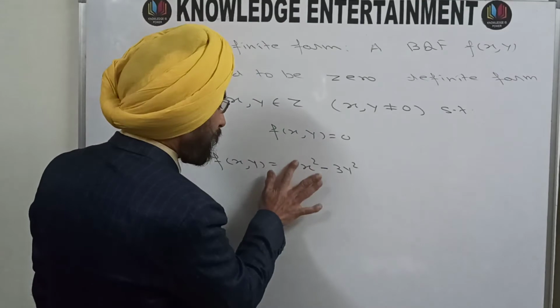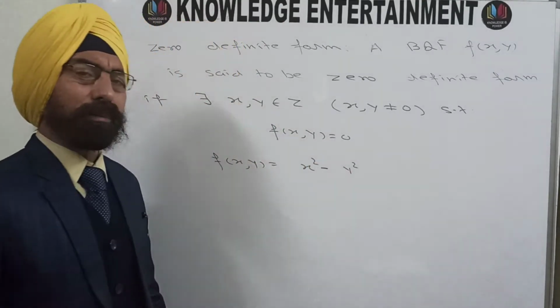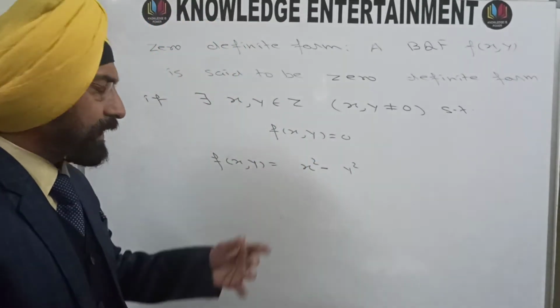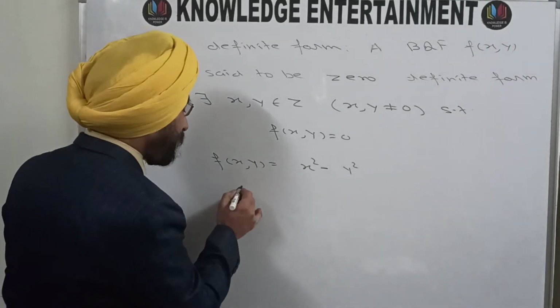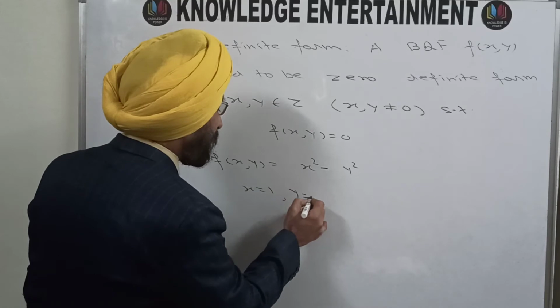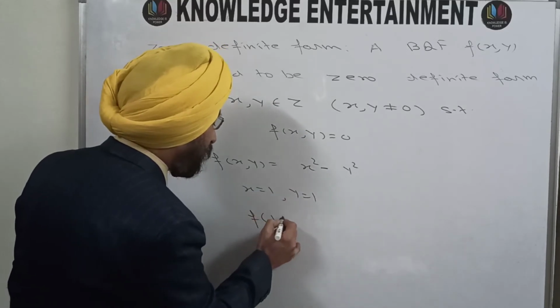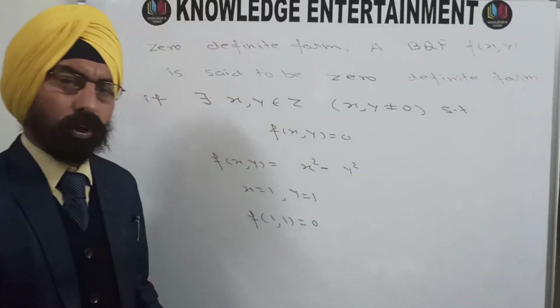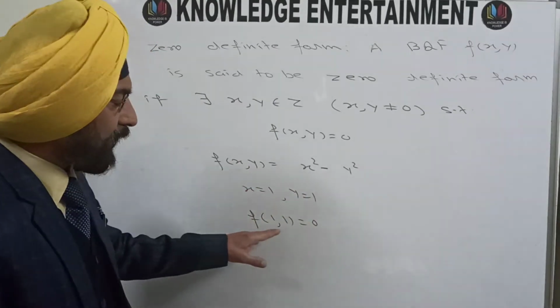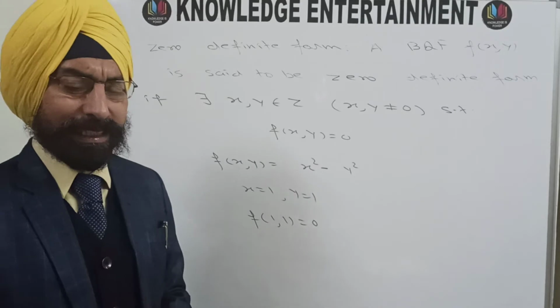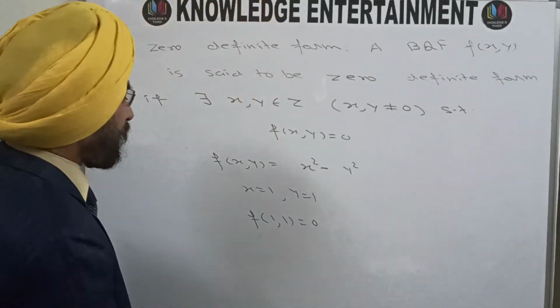Another example, x² − y². This is zero definite form, because here you have x = 1, y = 1, such that f(1,1) = 0. So there exist x, y both not 0, such that f(x,y) = 0.